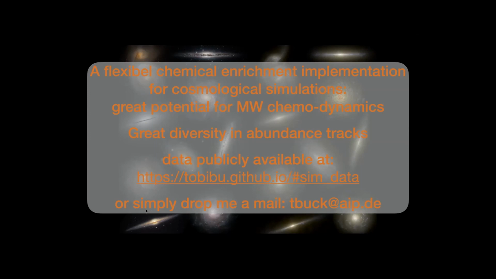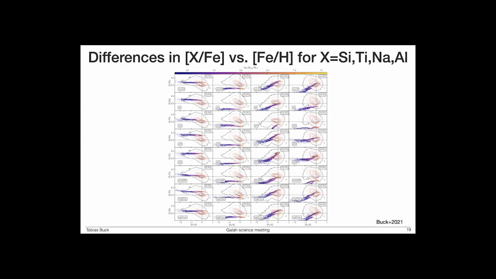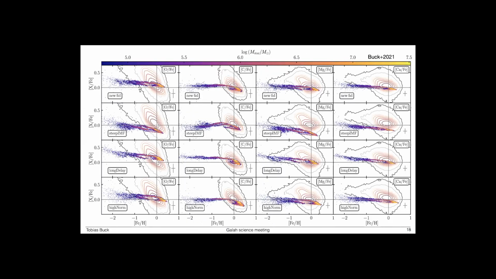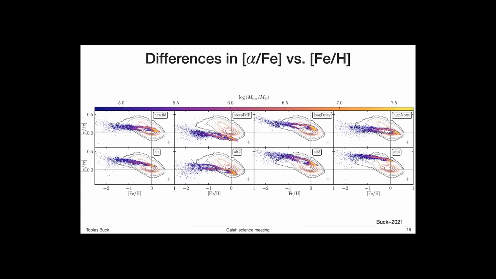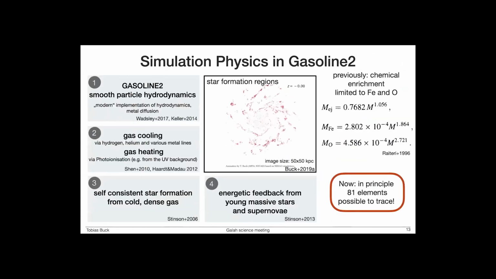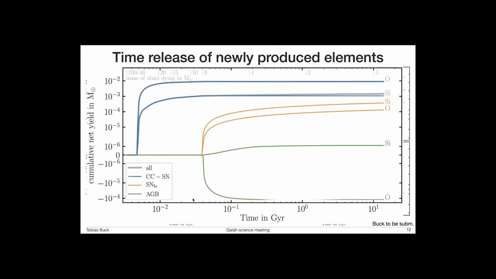Thank you, Sarah. Thanks for this very nice talk. You mentioned nitrogen. So I was wondering if you could comment a little bit more on nitrogen, and especially the value at very low metallicity. And I was wondering actually if, in some of the yields you use, rotation is taken into account in the models?